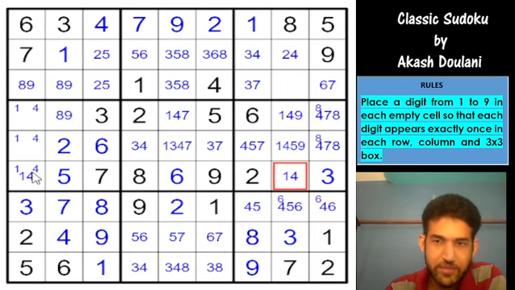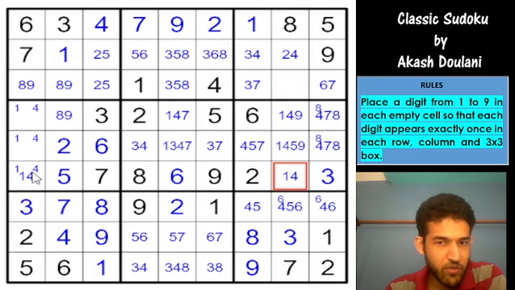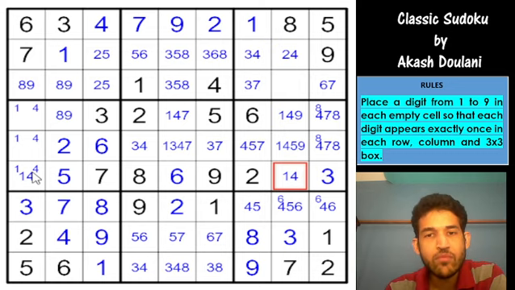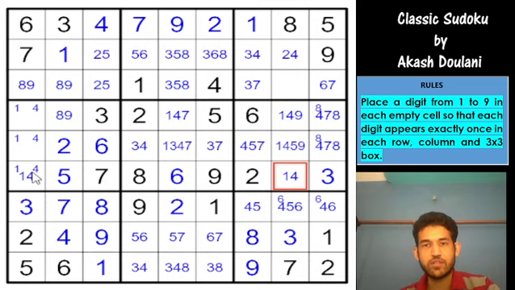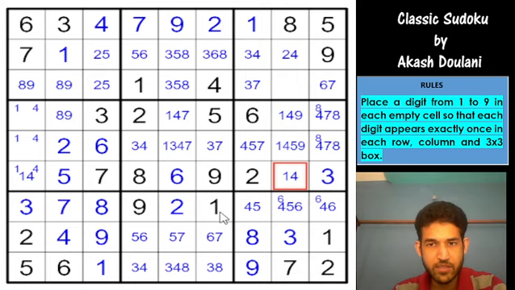Do we need to use coloring? I don't think with so few digits coloring will be really helpful. There is something, maybe some chain logic. Oh, this was, no. I thought I saw something there, but doesn't seem to be the case.